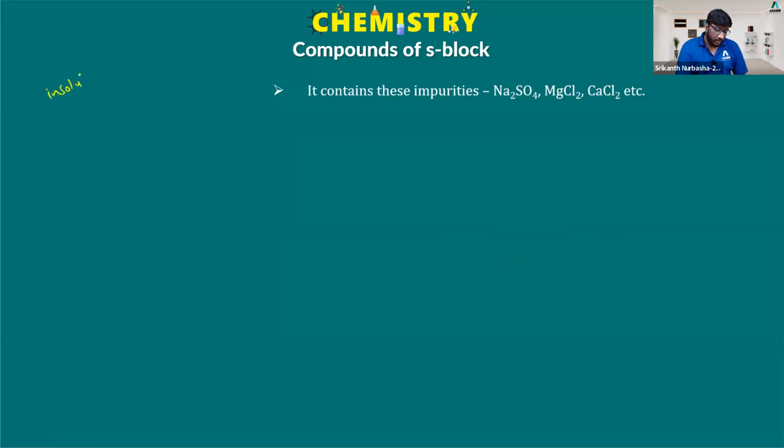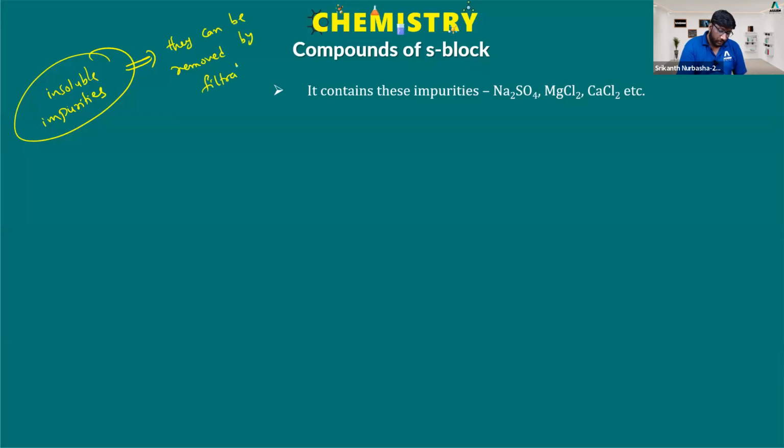The insoluble impurities can be removed by filtration, whereas for the removal of soluble impurities, special techniques like ion exchange resins are used.